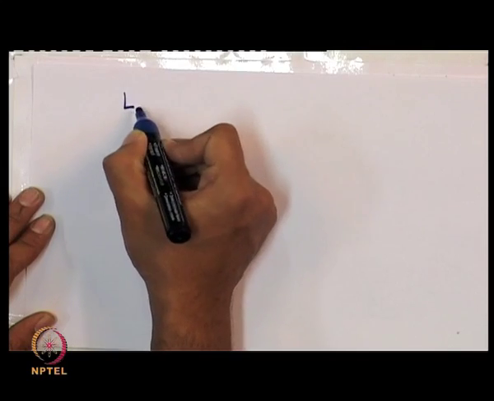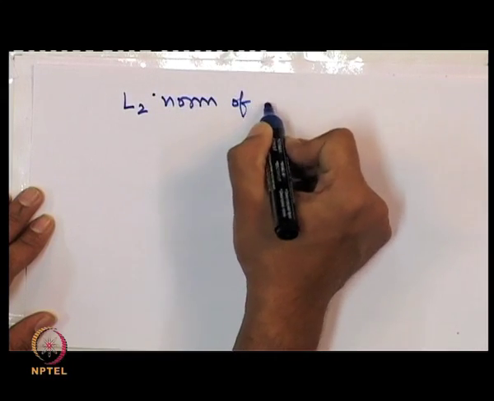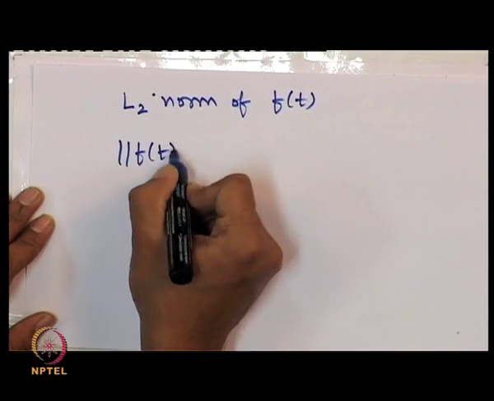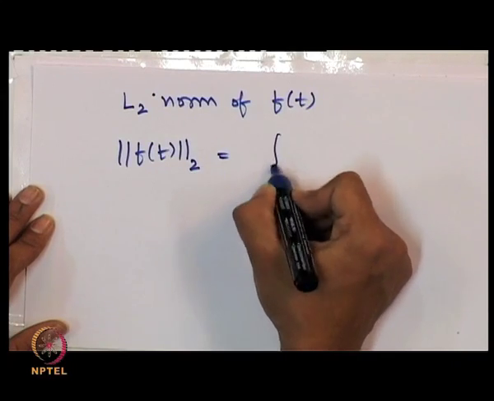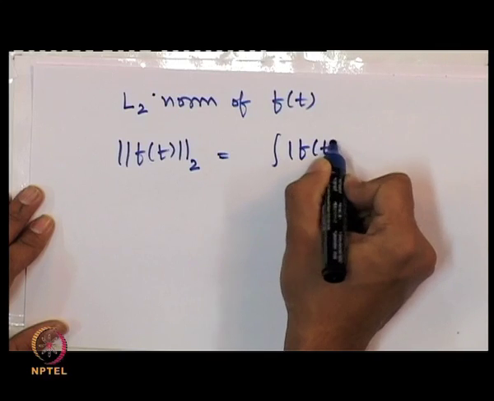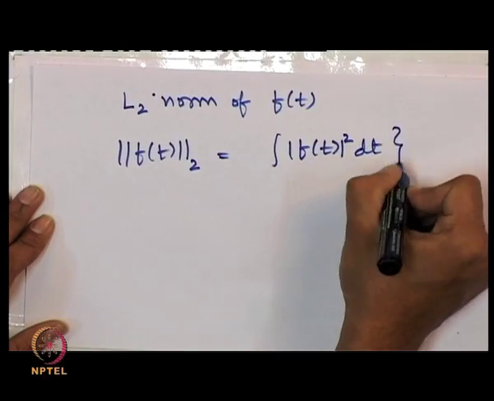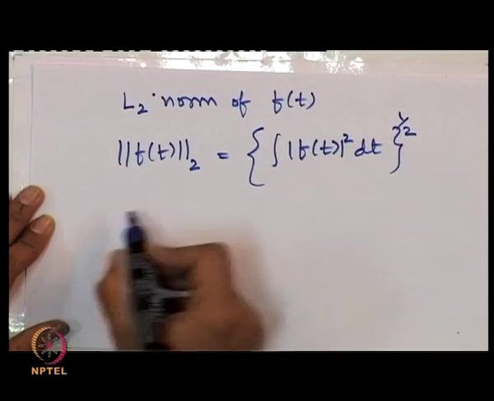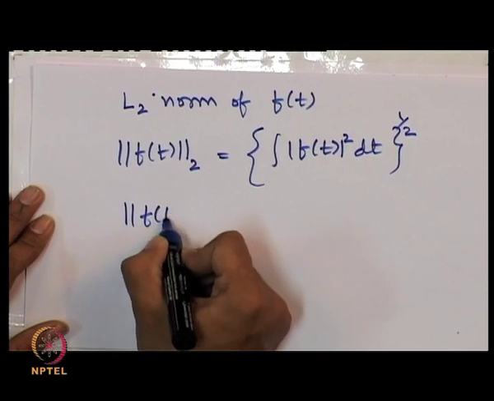Now we will compute the L2 norm of f t and see whether it is finite or infinite. It is equal to the integral of the square of f t dt, power 1 by 2. We will square it on both sides, then take the square root.